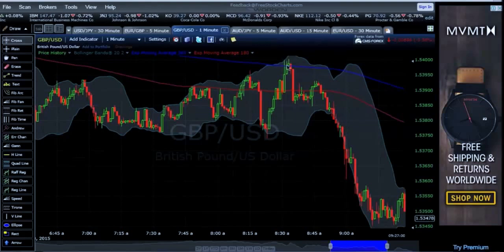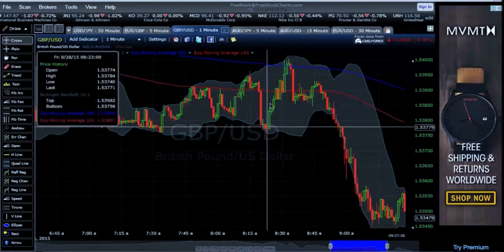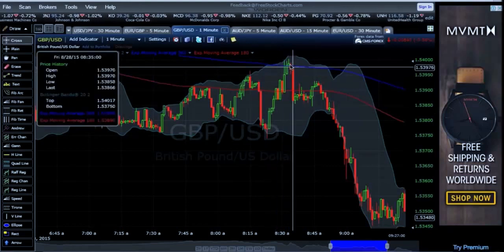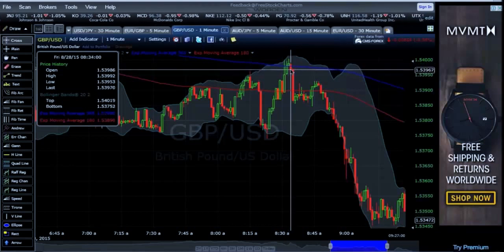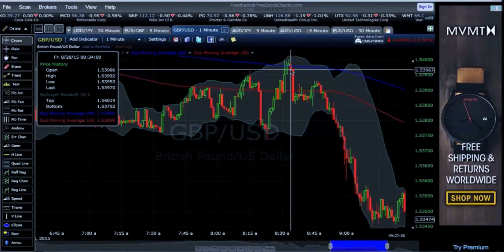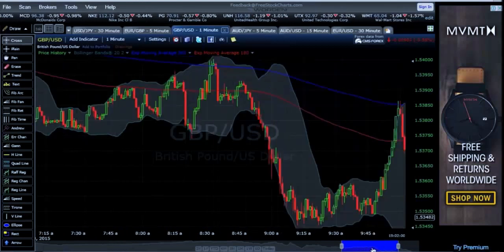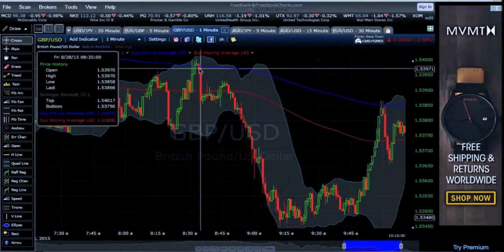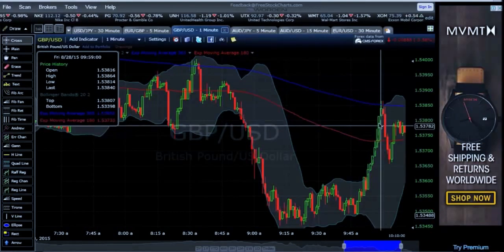Second trade here around 8:30 a.m. New York time. You can see price action went all the way up here, and immediately went back below the 365 and closed below it around 8:34 a.m. So this is our second trade of the day, where the expiration will be around 10 a.m. EST, which is 1.5 hours, and it's over here.